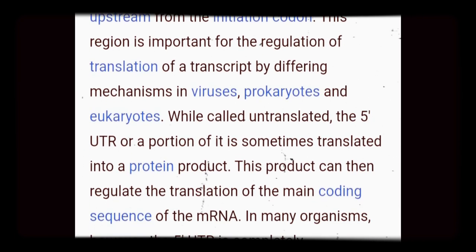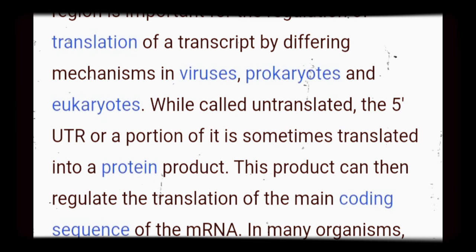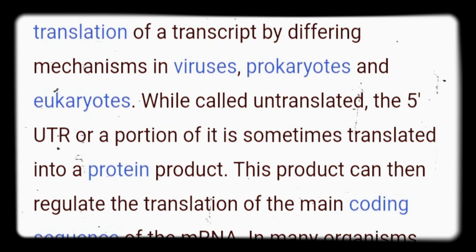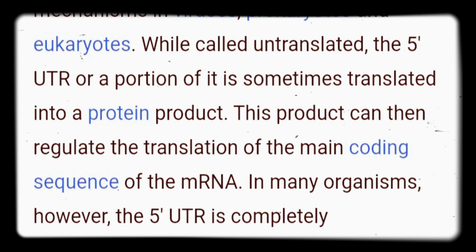While called untranslated, generally this region is not translated, right? But sometimes it has been shown that the 5 prime UTR, or a portion of it, is translated into a protein product. This protein product can then regulate the translation of the main coding sequence of the mRNA.